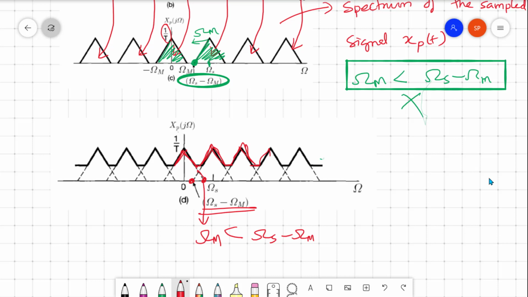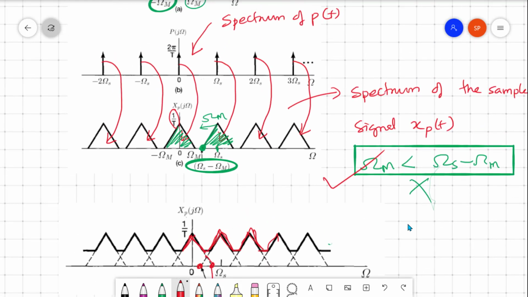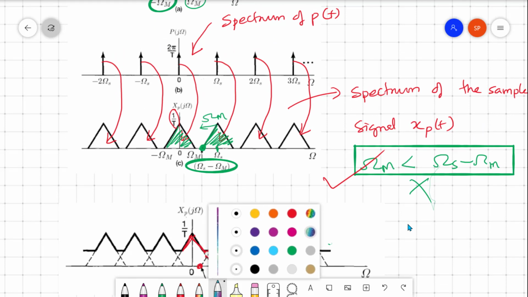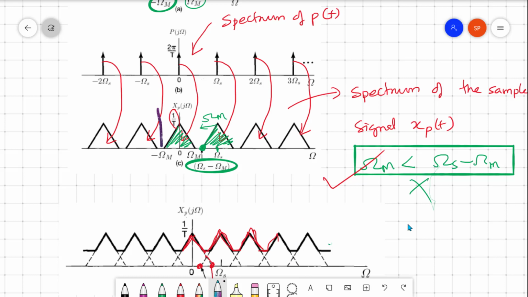If this condition is maintained, we can faithfully reproduce X of j omega from Xp of j omega. So how can we faithfully reproduce? We just use a low pass filter to filter out only this particular spectrum from the replicas, right?